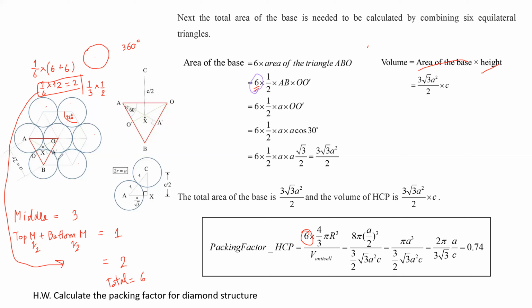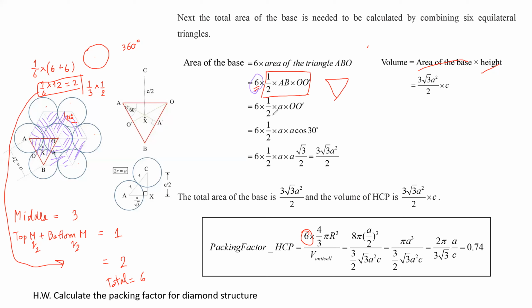So I circle with different color. 1 area, 2nd, 3rd, 4th, 5th, 6th. So we have total 6, right? 6 times the area of this one. So this is the area of this triangle right here.